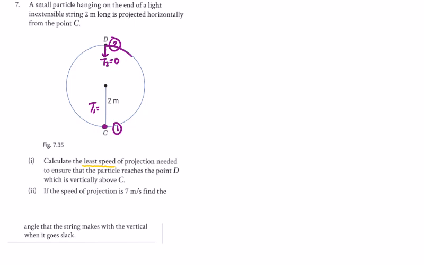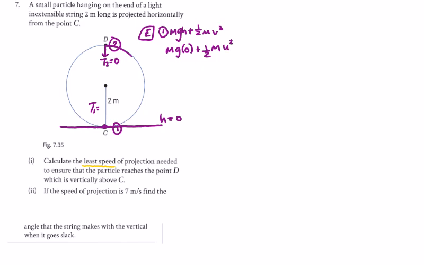So let's start this question by looking at our energy. Let's look at position 1: mgh plus a half mv squared. So mg by 0, if we take here as our starting point, the height is 0, plus a half m by u squared, our initial speed.